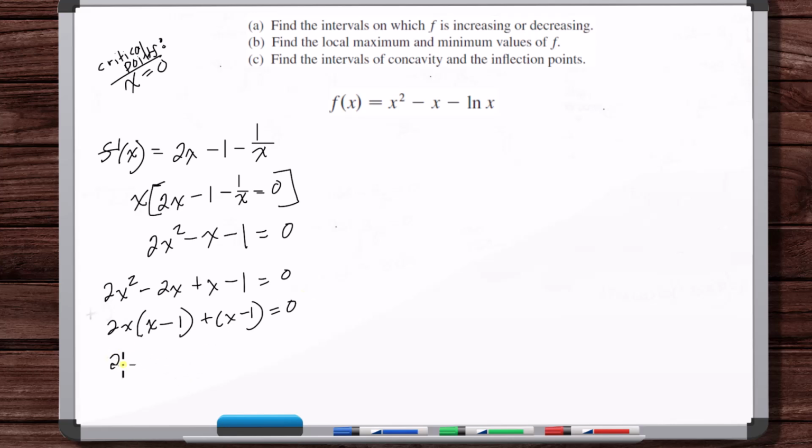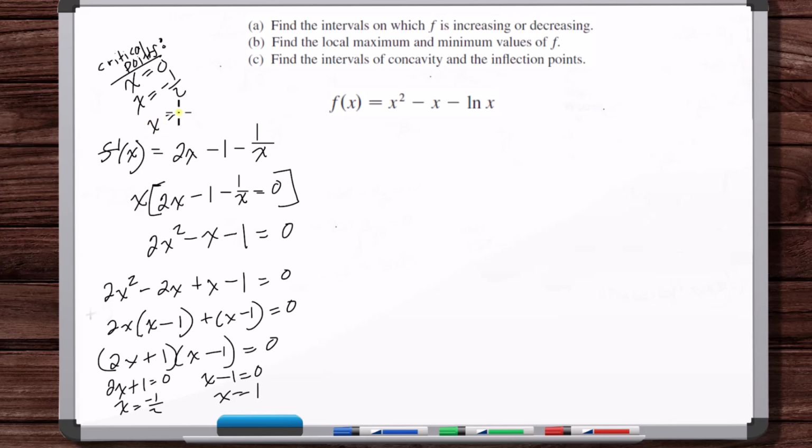So now we can factor out an x minus 1. Okay, so 2x plus 1 is equal to 0, x is equal to minus 1/2, x minus 1 is equal to 0, x is equal to 1. So x is equal to minus 1/2, and x is equal to 1. Those are the 3 critical points.